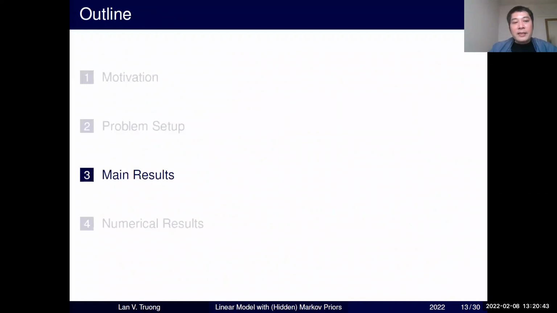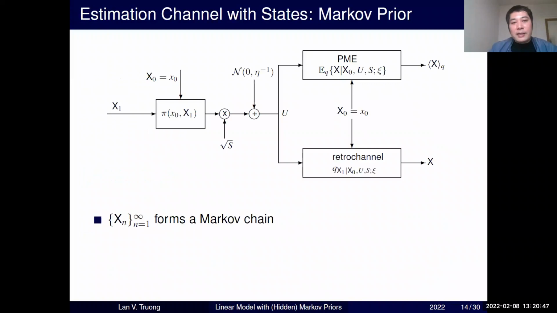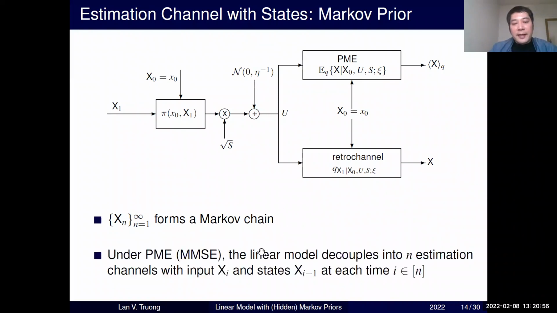Now I present some of our main results in this work. The first result is for the linear model with Markov prior. We assume that X_n forms a Markov chain, and our main result is that the linear model decouples into n estimation channels with input x_i and state x_{i-1} at each time i from 1 to n.